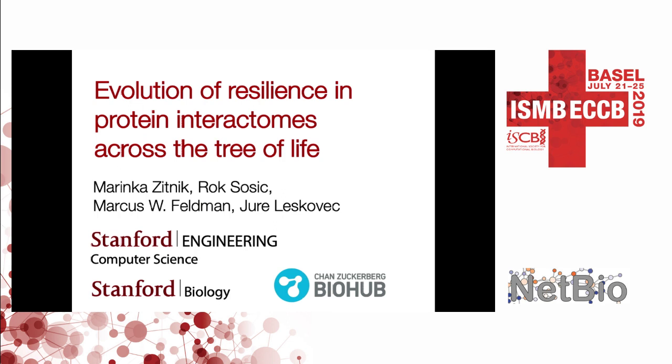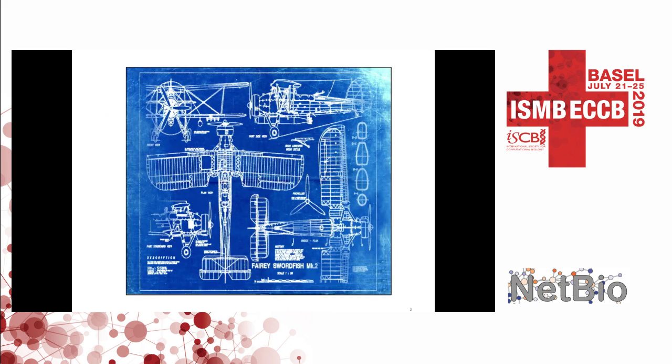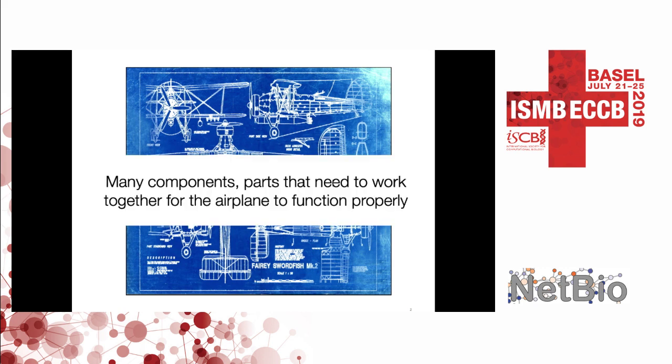And the way I will start is really by thinking outside of the biological context. In particular, if you think of complex systems such as an airplane, we can see that there are a number of parts and components that need to work together in a predefined way for the airplane to function properly.